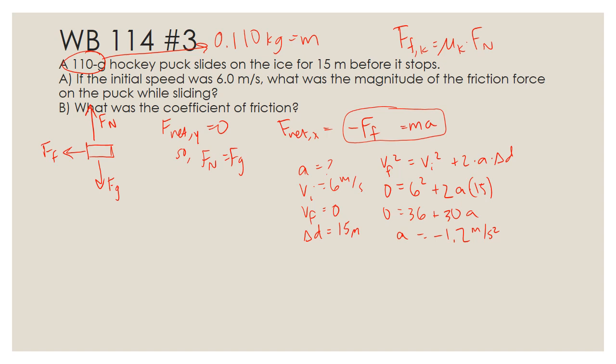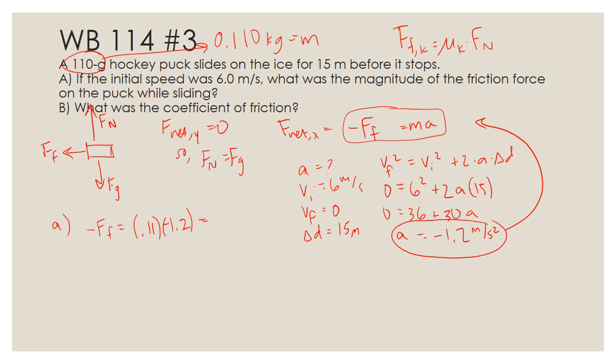So we can use that in our expression here to find the force of friction. So I'm going to label this as part A. So our negative force of friction is going to be our mass, 0.11, times our negative acceleration, negative 1.2.